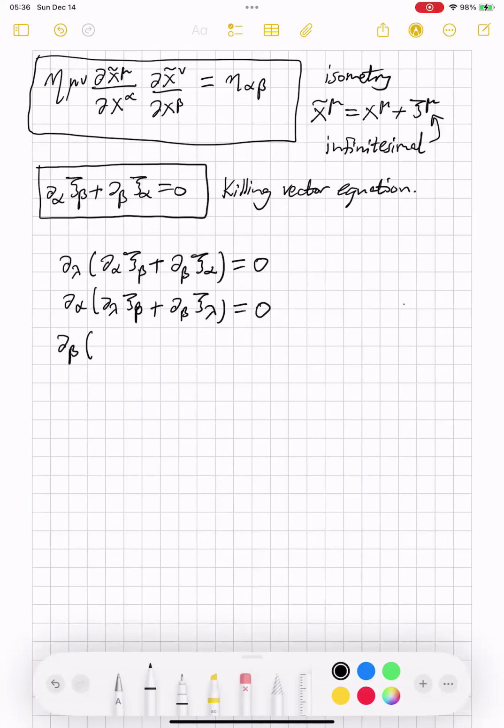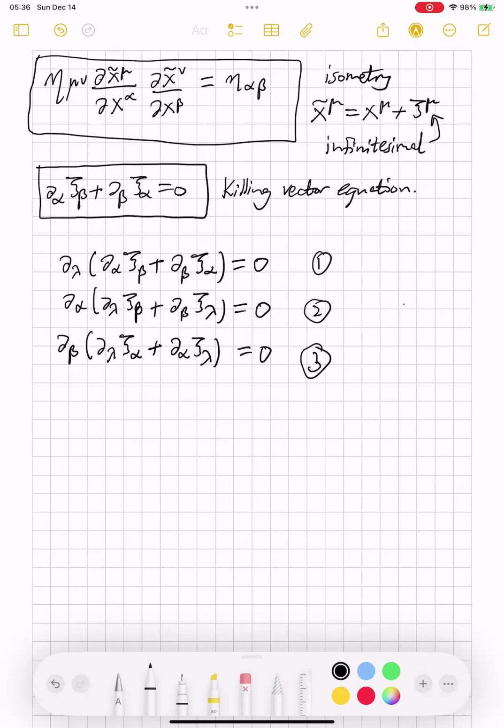Now I'll have a ∂_β, and we'll have ∂_λ ζ_α plus ∂_α ζ_λ is equal to 0. Let's call this equation 1. We will call this equation 2, and we'll call this equation 3.